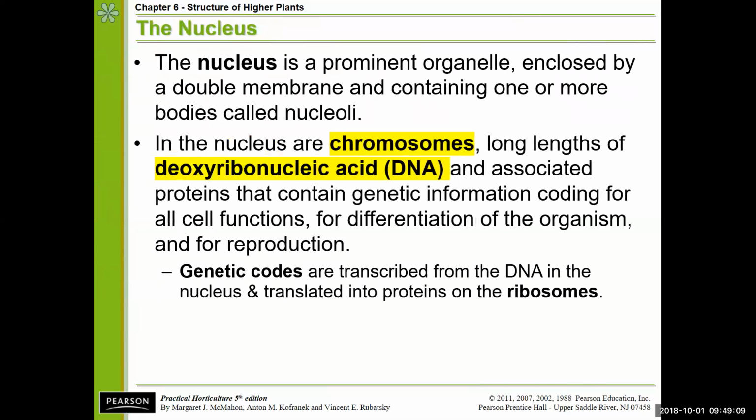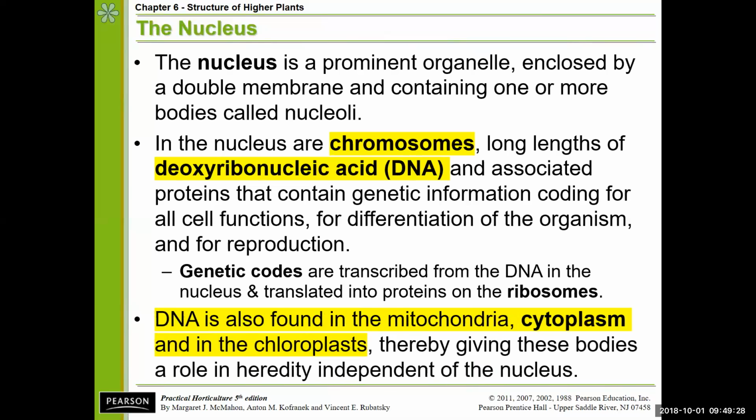The nucleus, of course, is the brain of the cell, and inside of the nucleus are our chromosomes, which contain DNA. And of course, that's very important for the genetic code and how that's transcribed to tell how things live.